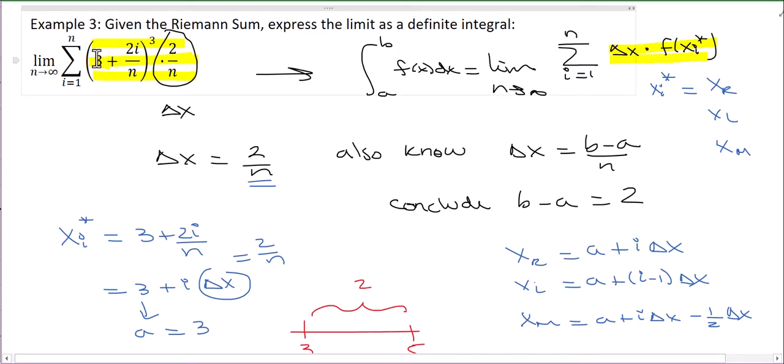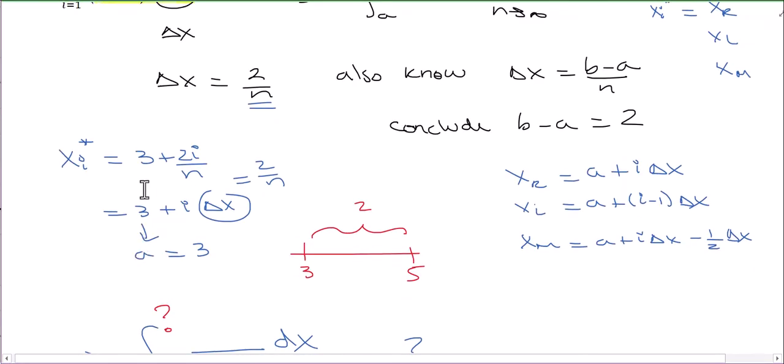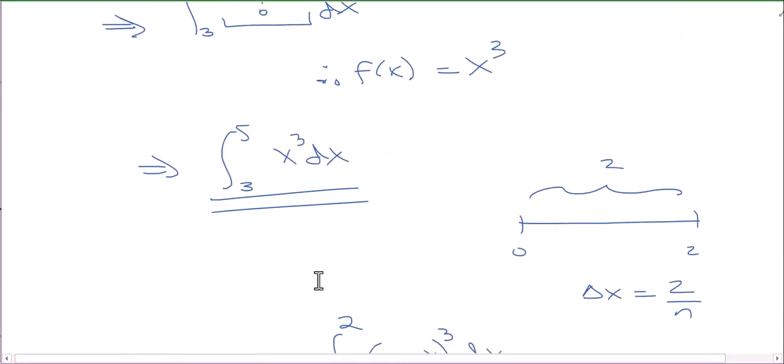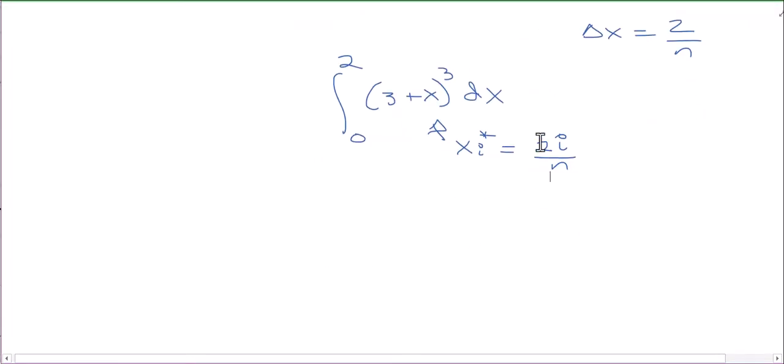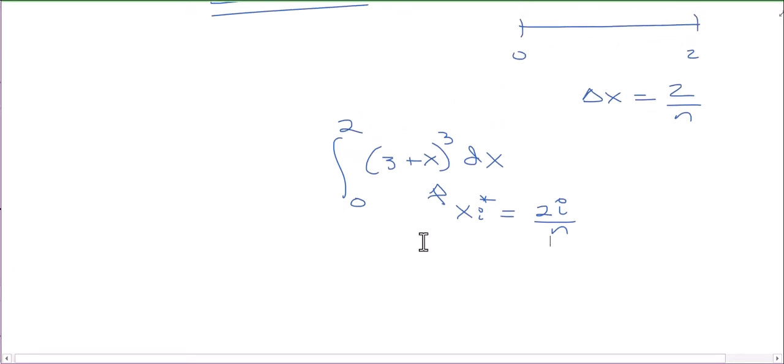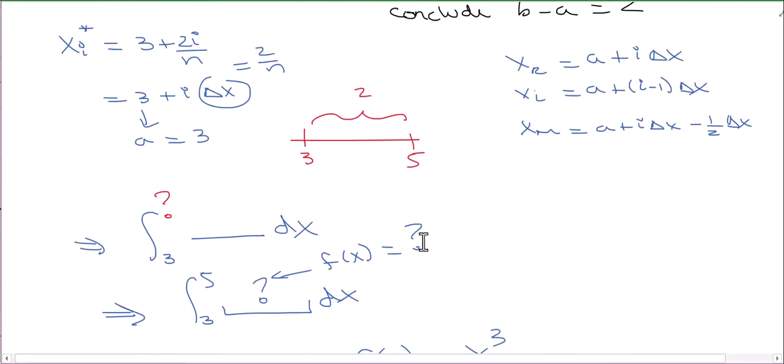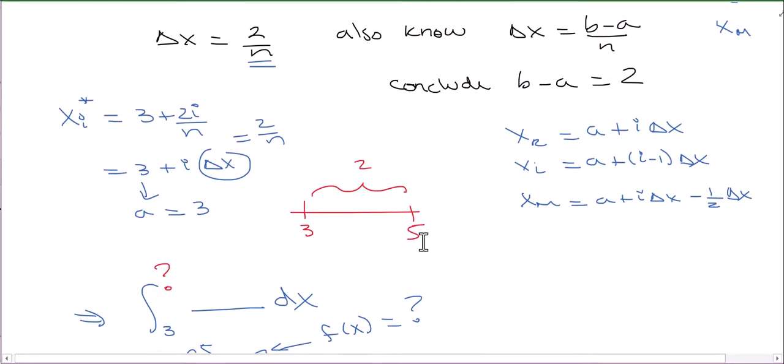Here I chose to see my x of i star as the whole thing, 3 plus 2i over n, which then led me to think that a is 3. But you could have let your x of i star just be 0 plus 2i over n, and then the 3 now becomes part of the function instead of part of the endpoint that I'm using. Hopefully that makes sense.